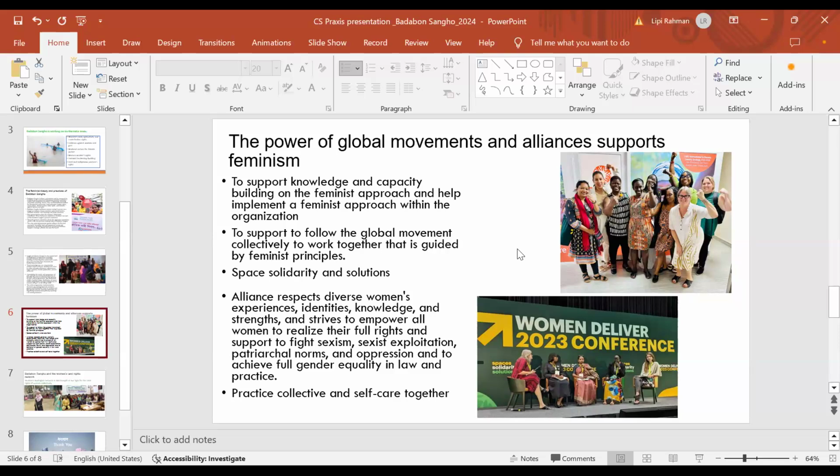Because we are working together with these groups, and it helps us to get knowledge and capacity building. Also, these feminist organizations support us, and we are collectively working together for the global movement, following the feminist principles. At the national level, we have a network that I'm going to talk about later on.